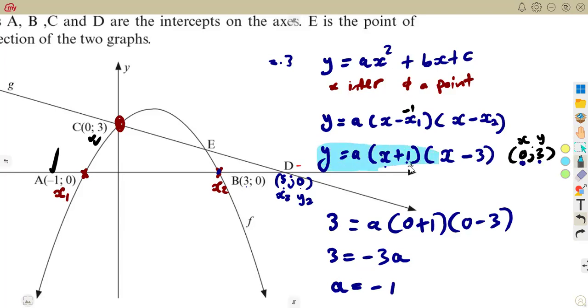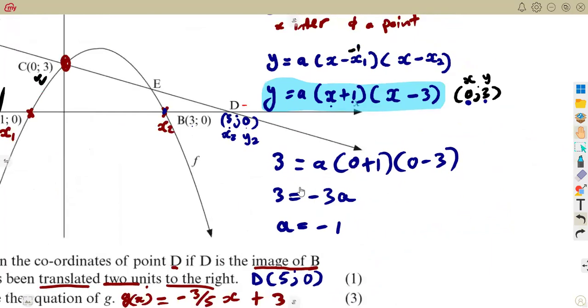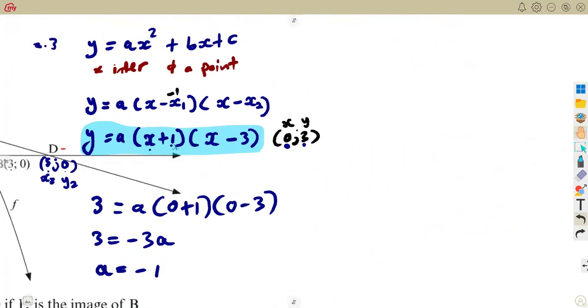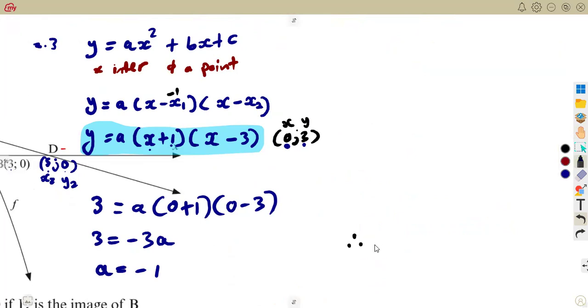We were limited because we were not having this a. So by substituting the value of a that we calculated, our equation is now written as y is equal to negative 1 into x plus 1, x minus 3. So this is what you are going to have like this.